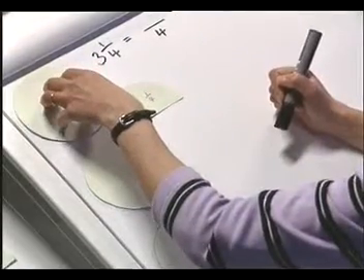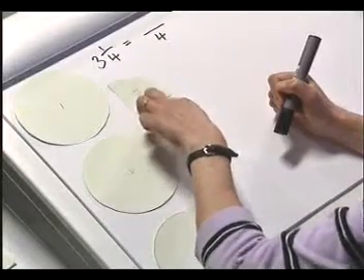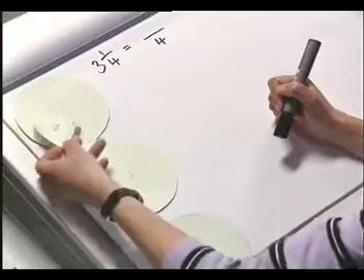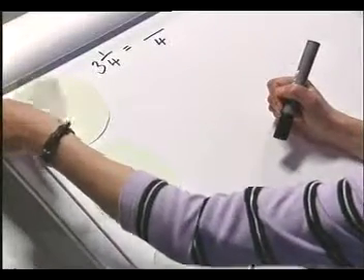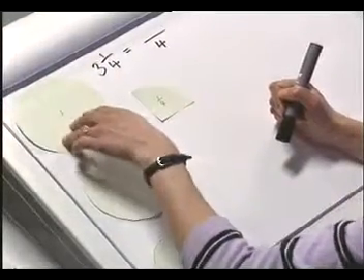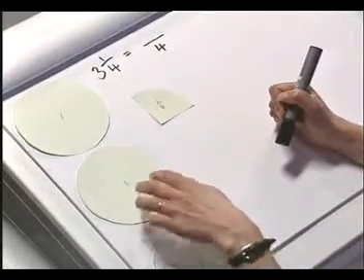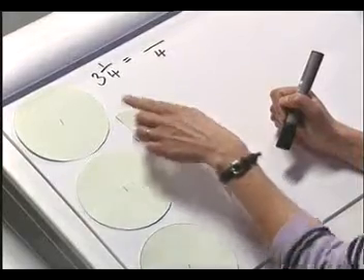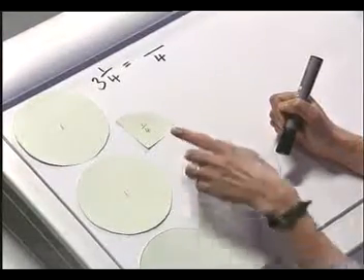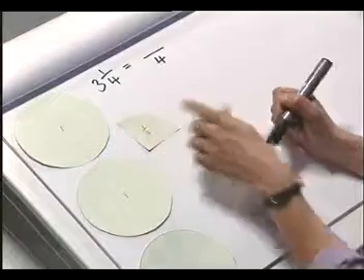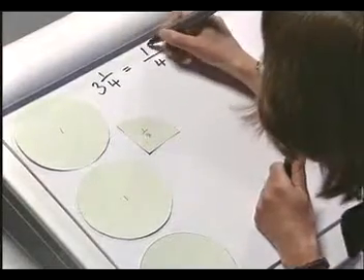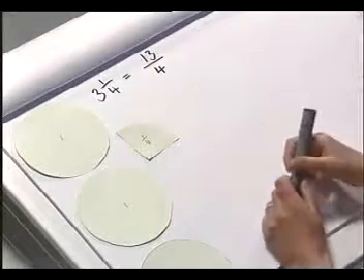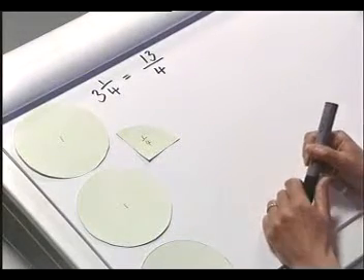So we have a whole one, and if we've split it into quarters, we know that a whole one needs 4 quarters. So we have 4 there, another 4 there, another 4 there, plus this 1. So we've got 3 4s, a 12, plus the 1 gives us 13 quarters. So 3 and 1/4 is exactly the same as 13 quarters.